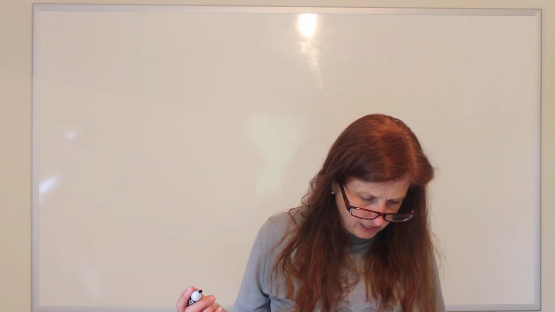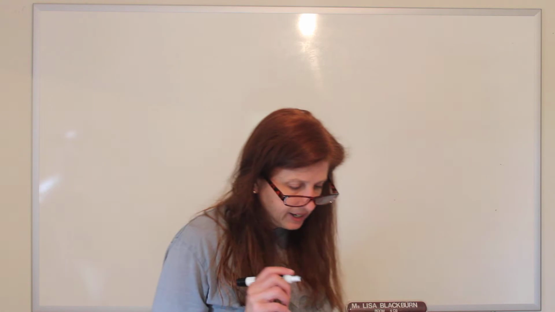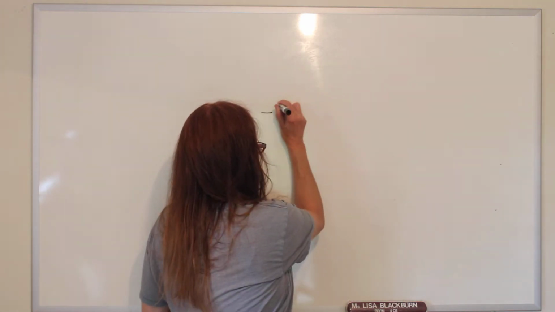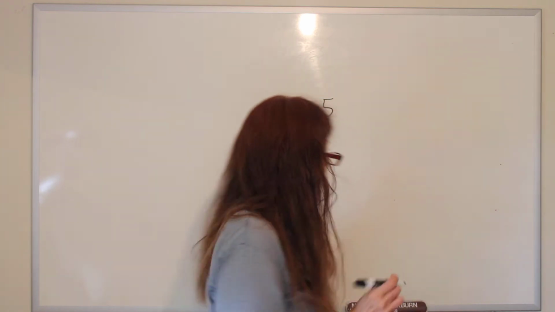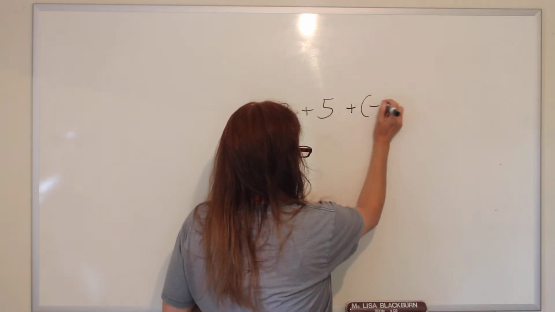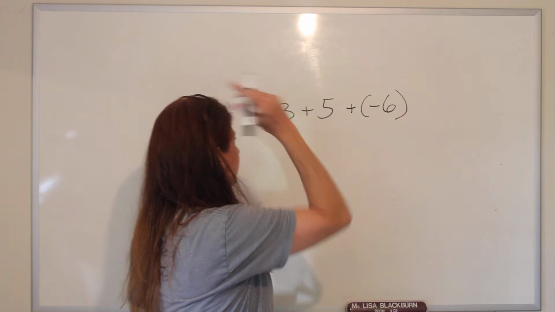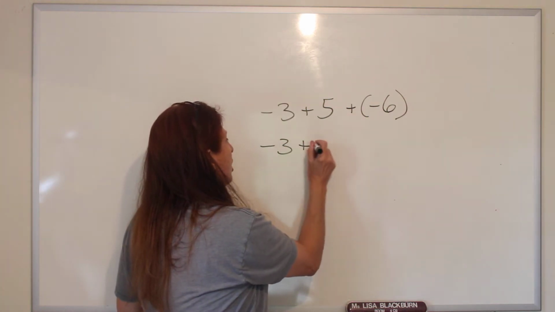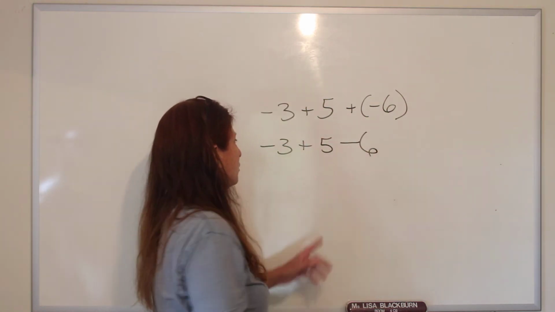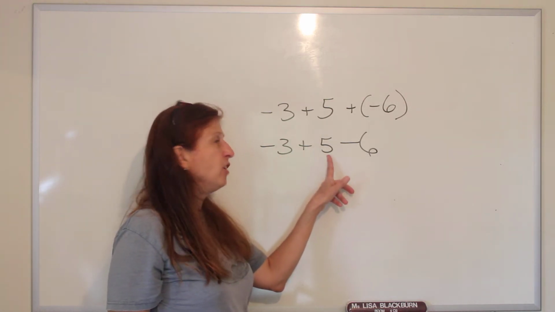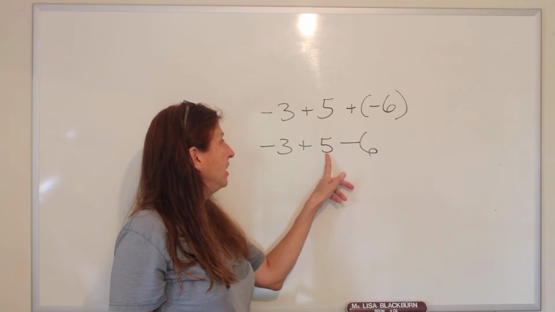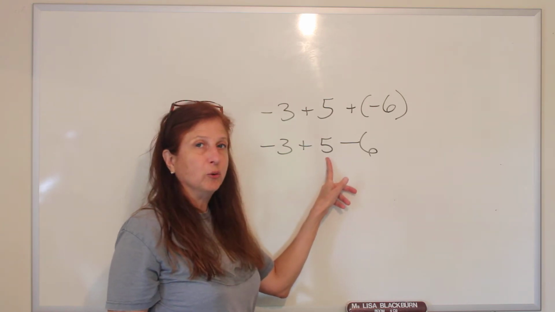Okay, we already did this one. Negative 3 plus 5. Negative 3 plus 5 plus negative 6. Okay, so this is the same thing as negative 3 plus 5 minus 6. So I started off owing you $3. I had 5, so I paid you back and I had 2.